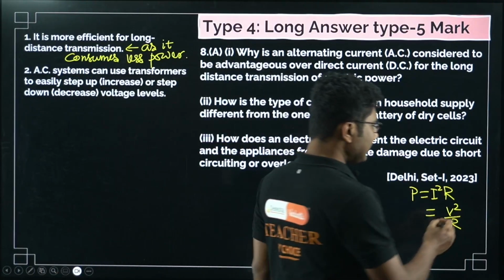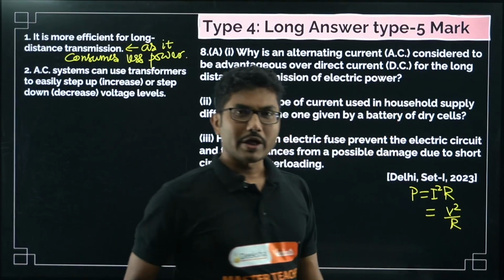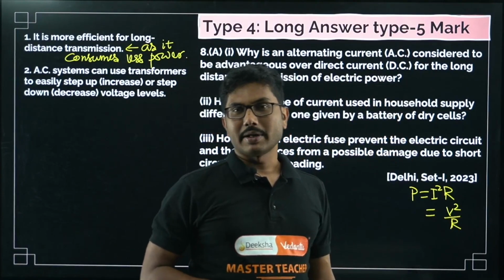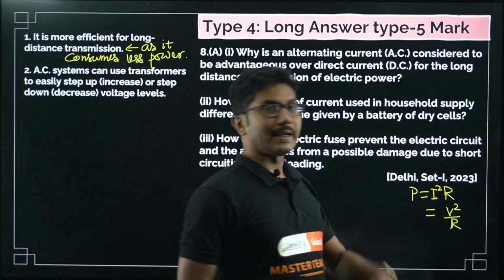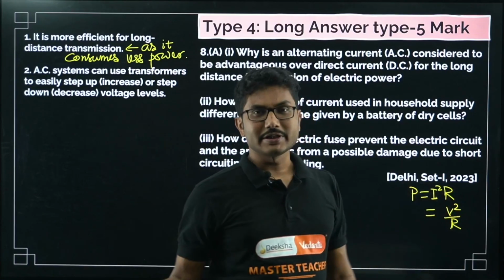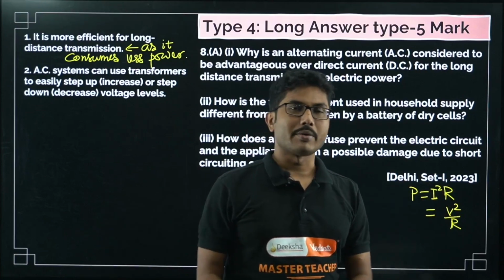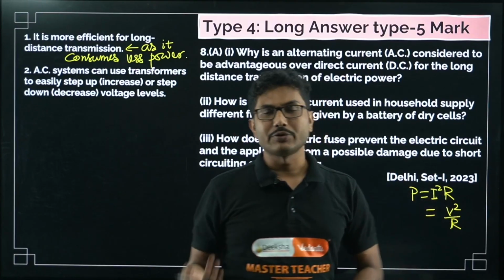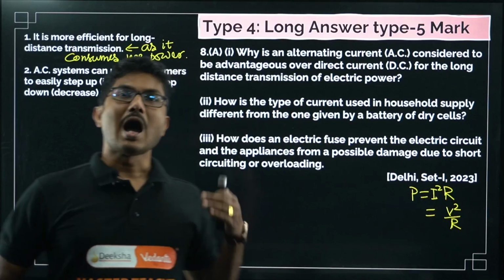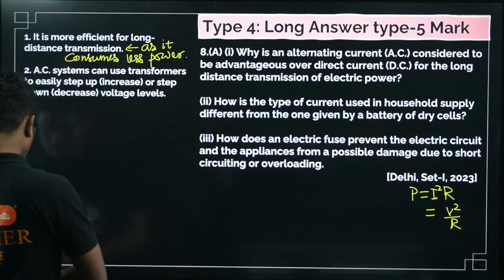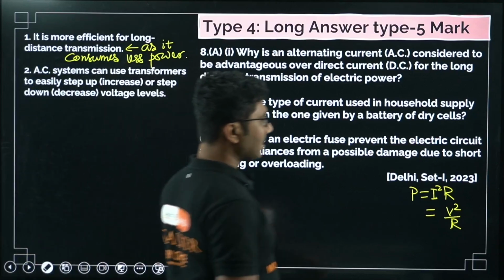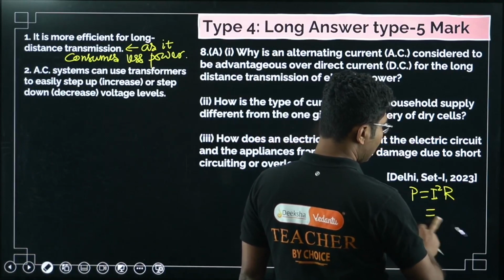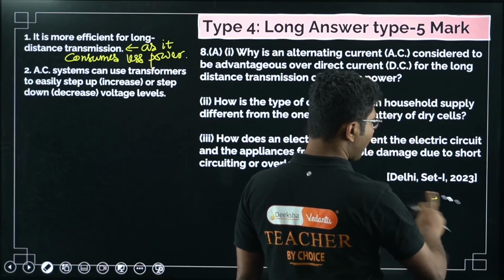If you increase the resistance of the wire, you can reduce the power dissipated in the circuit in case of high voltage. But in case of high current, more resistance means more power dissipation. So we always want to transmit the power in the form of higher voltage and very low current, because in that case the resistance of the wire will help us reduce the power consumed.